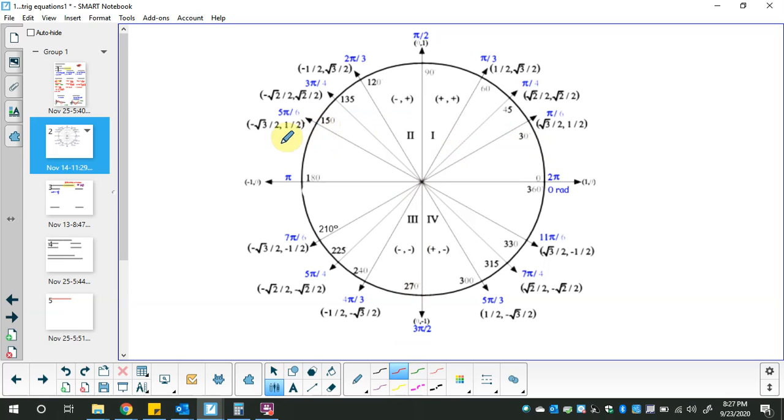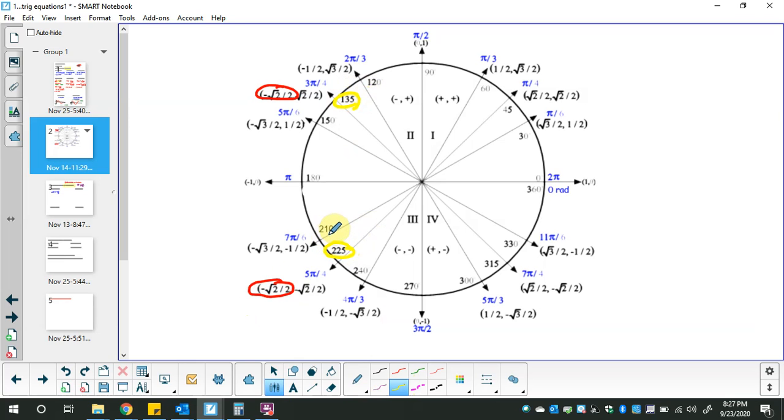So, start the search. The first value is cos, not negative. There's 1. There's 1. That means our two answers are this degree and this degree.